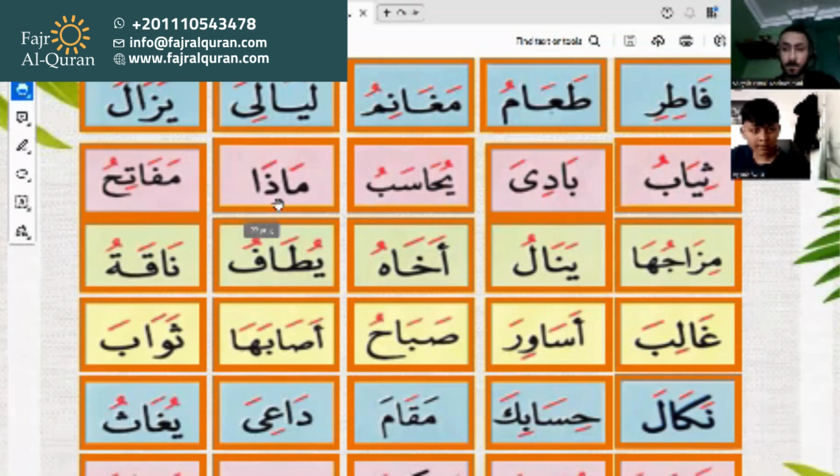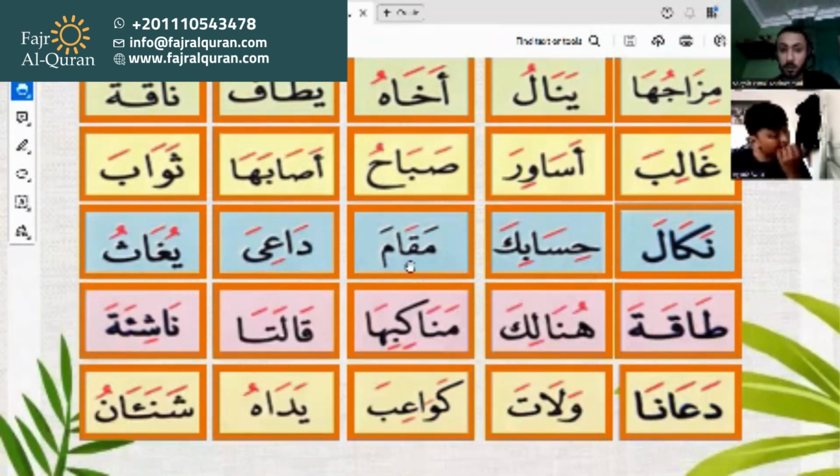Madha. Just a tiny question for you. Look at this word carefully and come up with the number of alif mad that exist here. 2. Okay, great. There should be 2 counts for each, so 4 counts. 2 counts for each, exactly.